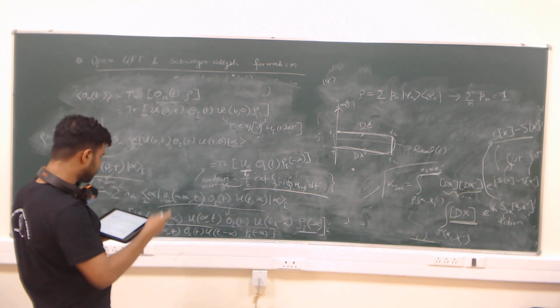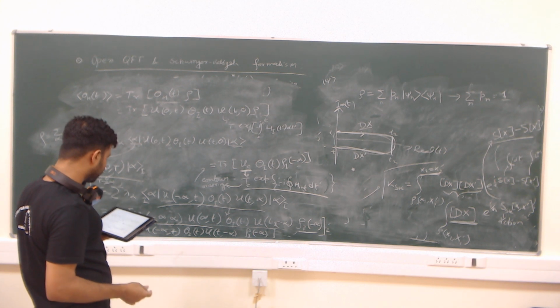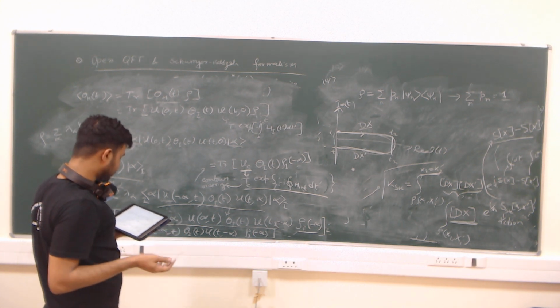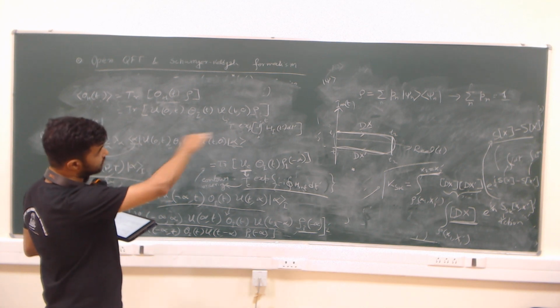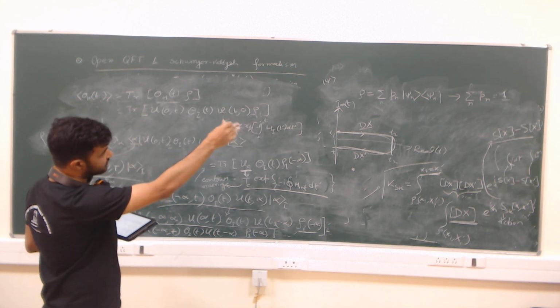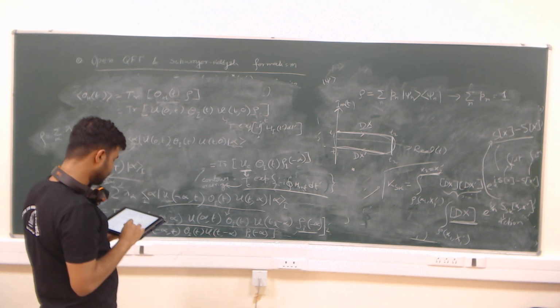So the operator is inserted on the upper branch of the contour first, then on the lower branch in a clockwise way, and the evolution goes as forward time evolution, then backward time evolution, and so on.